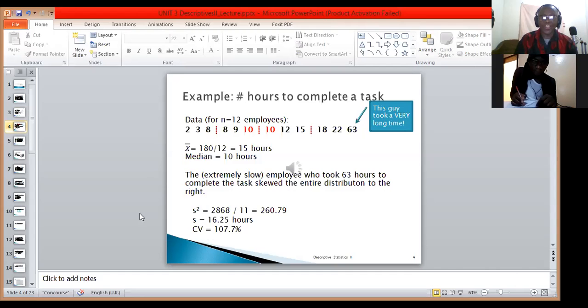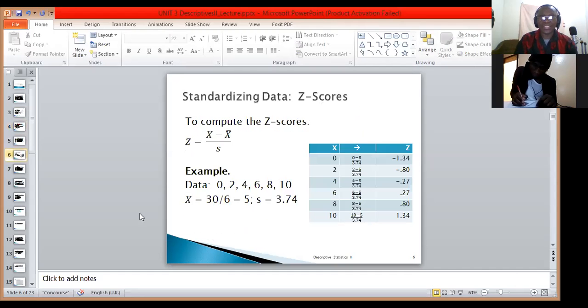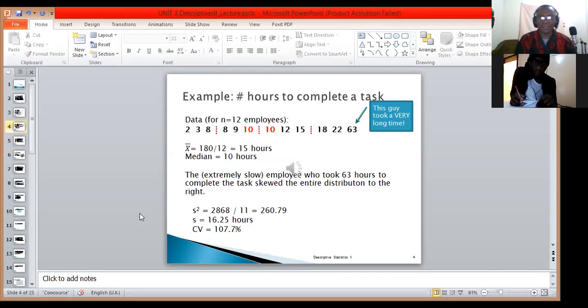So all we need to do is start subtracting and adding these figures. Since our mean is 15, we have 2 minus 15 squared, 3 minus 15 squared, 8 minus 15 squared, up to the far end, 63 minus 15 squared.